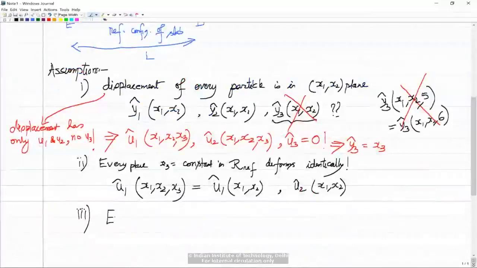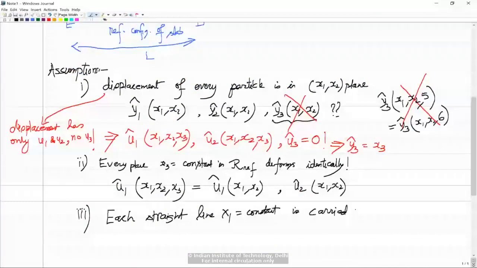So it says that each straight line x1 equal to constant is carried into a straight line in the deformed configuration.